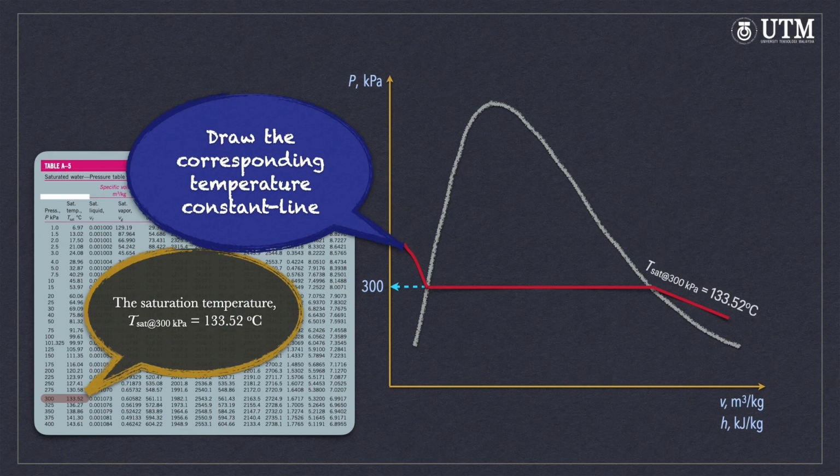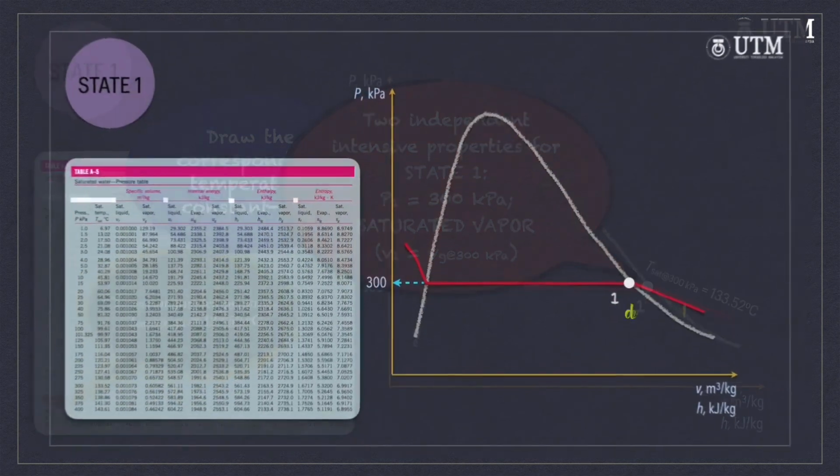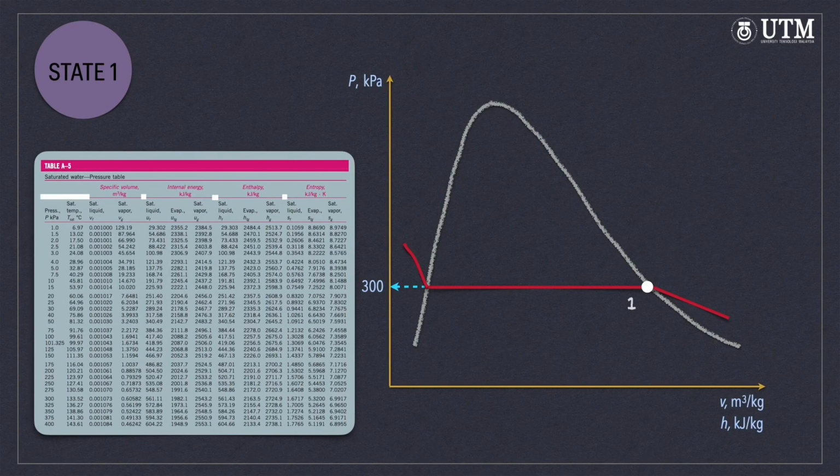The initial state, or state 1, exists as saturated vapor. Therefore, state 1 rests on the point as demonstrated here. Then, we determine the related state properties through the properties table as demonstrated.